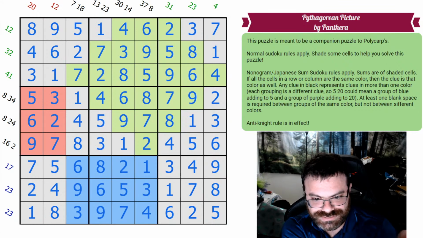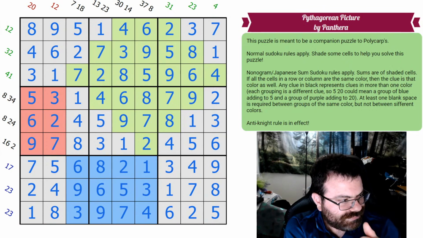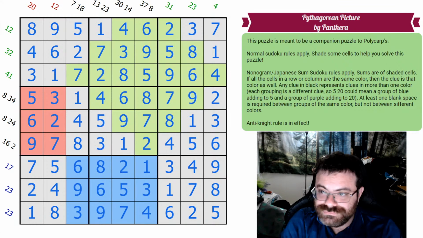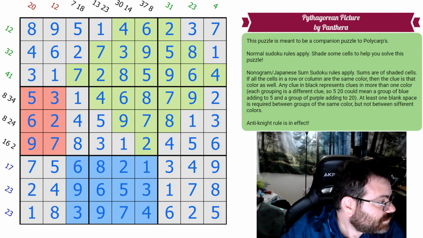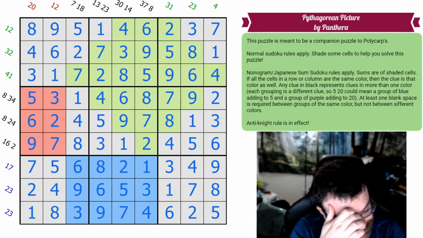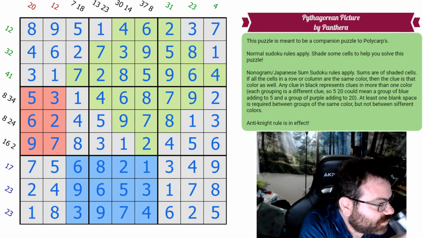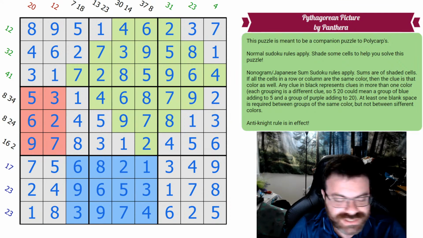I like the picture. Yeah, I don't think 45 minutes is bad for this puzzle.